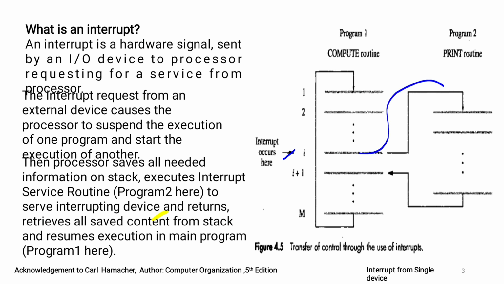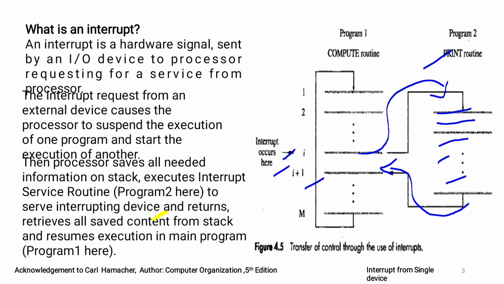Then it goes to the interrupt service routine. It executes that special set of instructions needed to serve that device. After completing that, it comes back to the main program, the interrupted program. There it retrieves all the content from the stack: the next instruction address, the program status register content, that is the status of computation, and any other information it had saved on the stack.